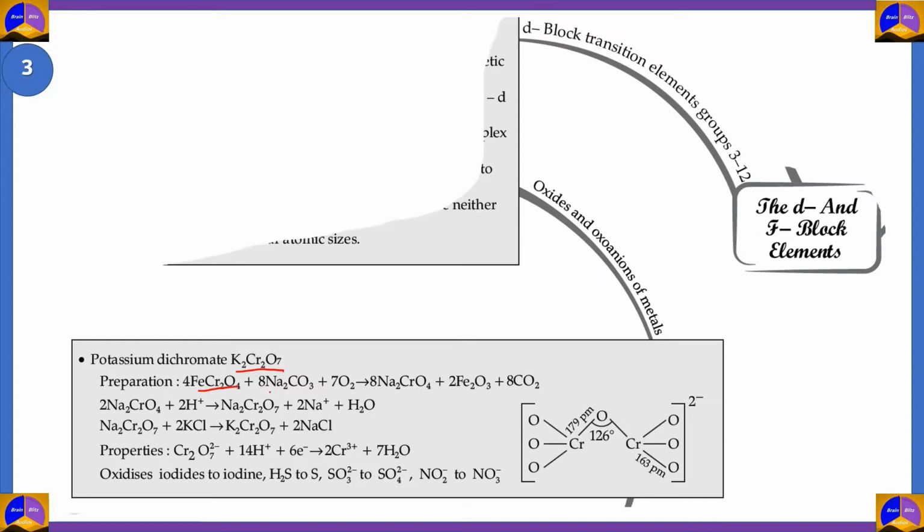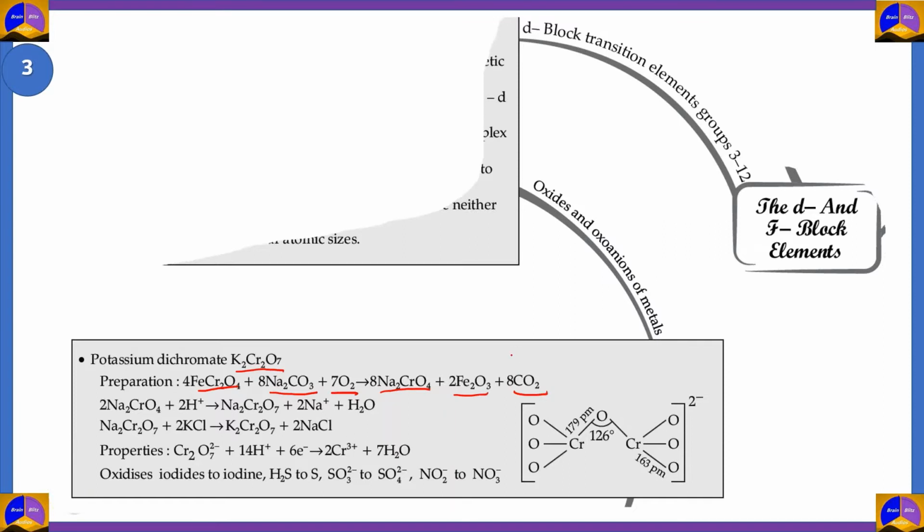The ore is fused with Na2CO3, that's sodium carbonate, and there is an excess of oxygen. So this yellow compound here is sodium chromate, and it also forms ferric oxide, Fe2O3, and carbon dioxide as a byproduct.